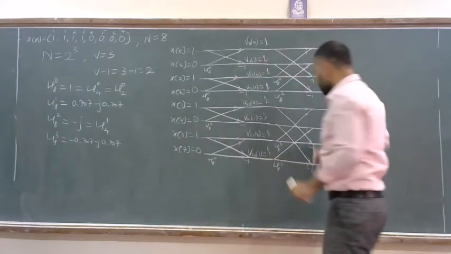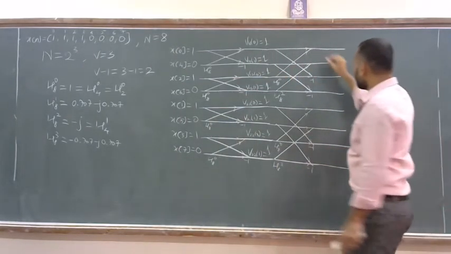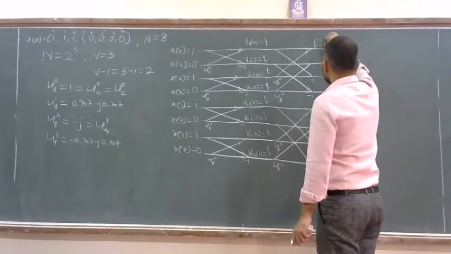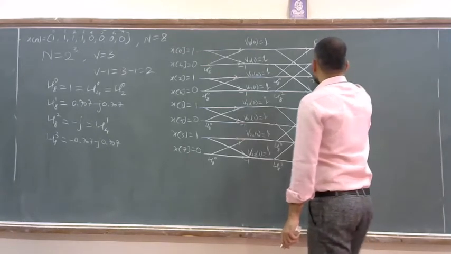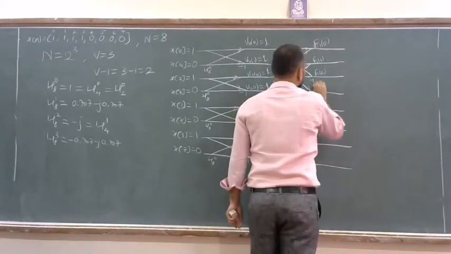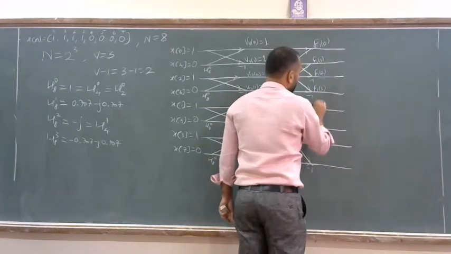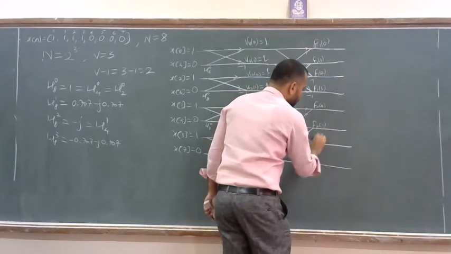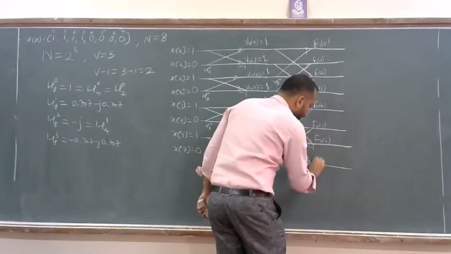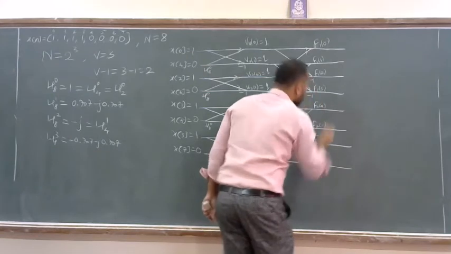And the notations used to represent the 4-point DFTs were capital F1 of 0, F1 of 1, F1 of 2, F1 of 3, F2 of 0, F2 of 1, F2 of 2, and F2 of 3. Okay.